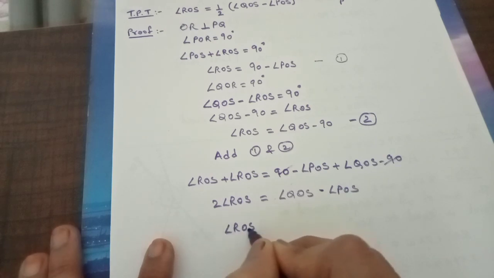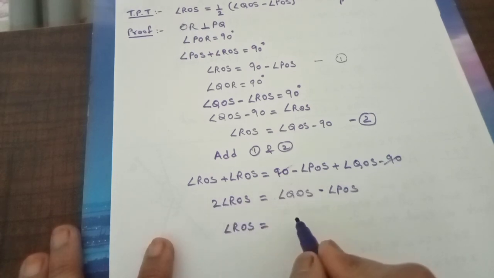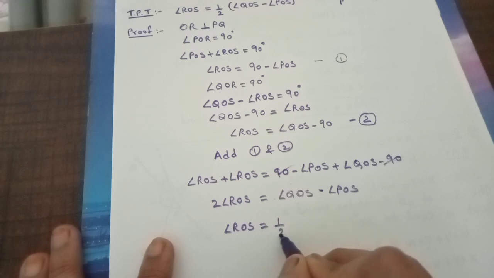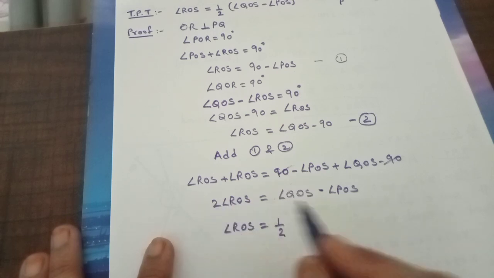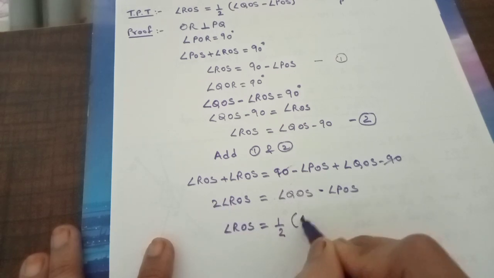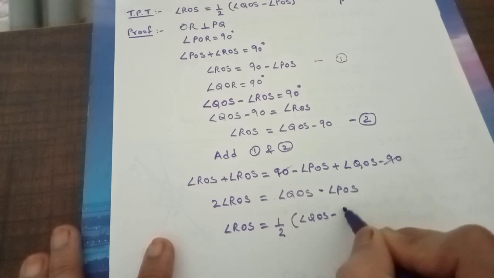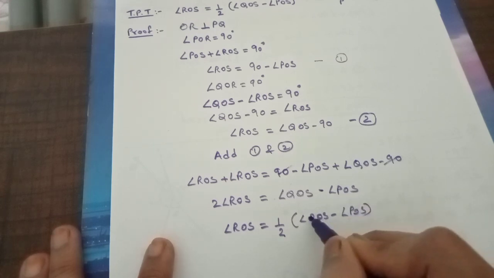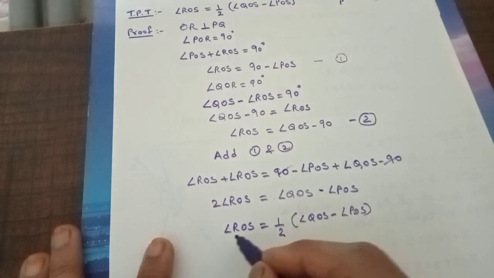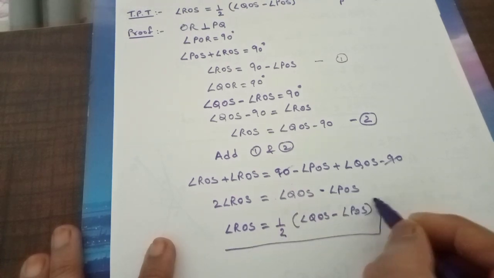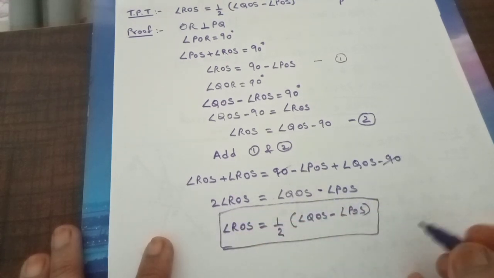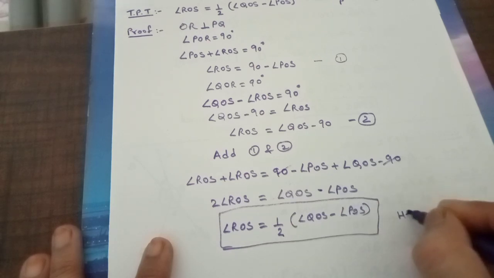So angle ROS, when this 2 goes on this side, it will come in the division form because here it is multiplication. And this part we will write in the bracket. Angle QOS minus angle POS. So this is the part what we need to prove, and hence proved.